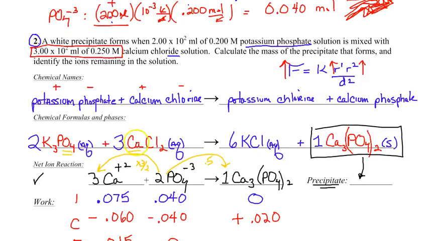Well, for every one calcium, there's 2. So if there's 3 calciums, then there's 6 chlorines. See, it's right there in the balanced formula. In every 1 calcium, there's 2, but there's 3 calcium, 3 times 2, 6 chloride ions.